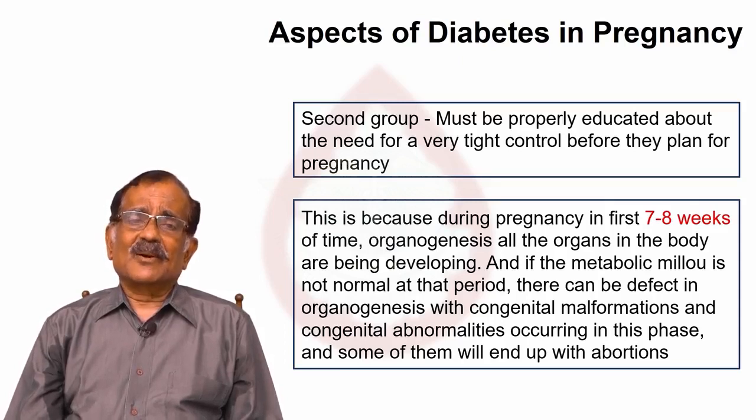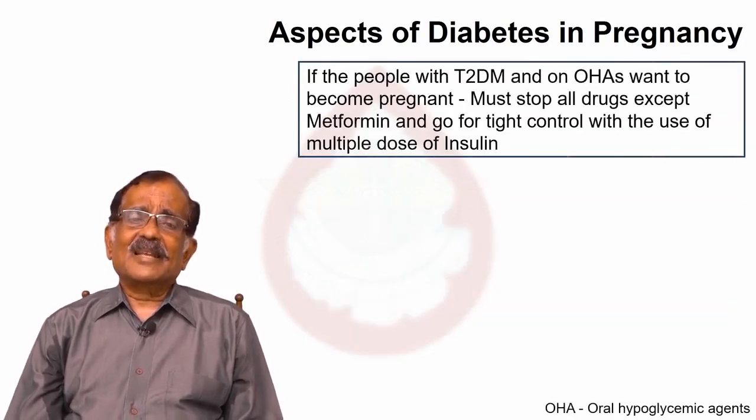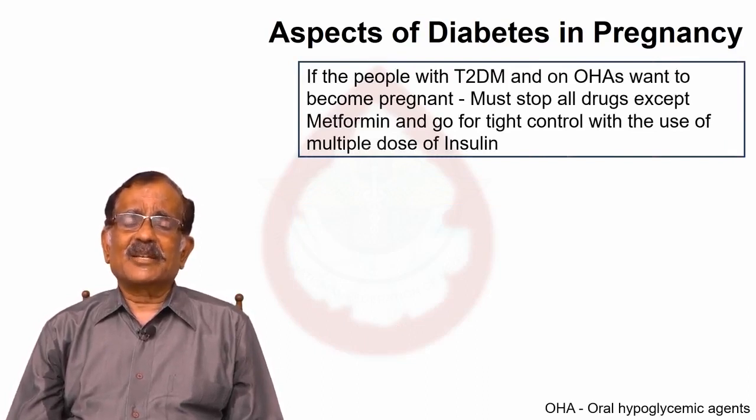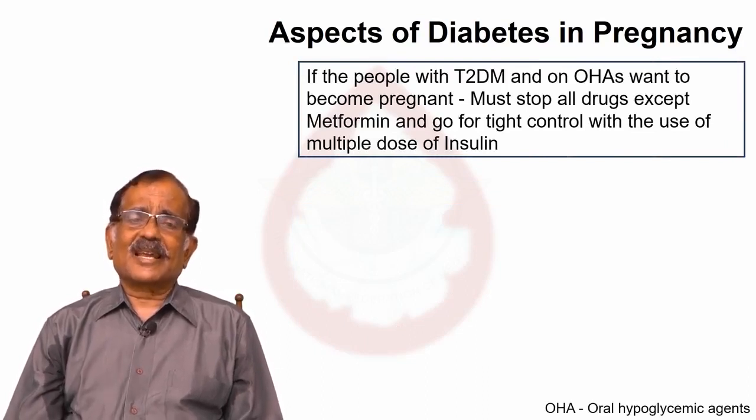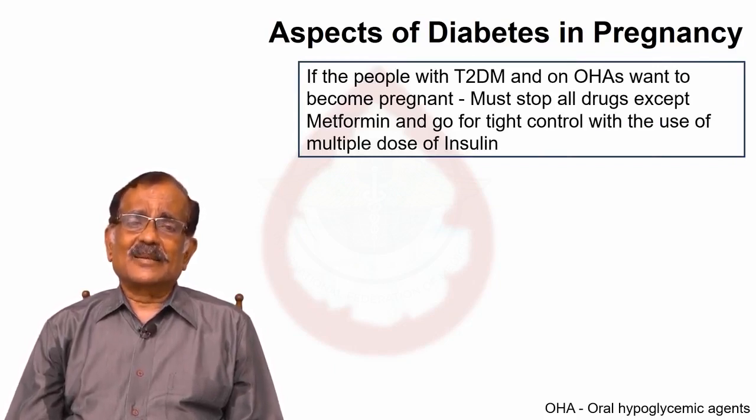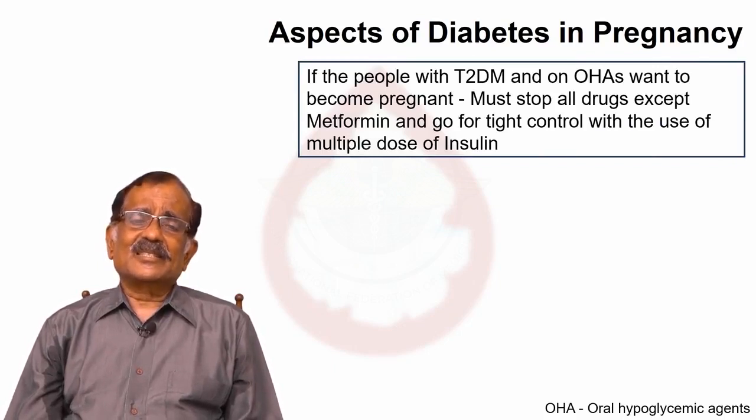So already known diabetic patients, type 1 or type 2, must plan for very tight control before they plan to become pregnant. Second thing is, when they want to become pregnant, type 2 diabetes patients on OHAs must be willing to stop all the drugs except metformin and go for tight control with the use of multiple doses of insulin, and only then can they become pregnant.